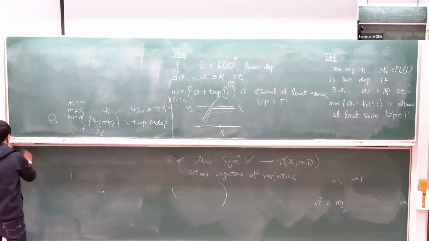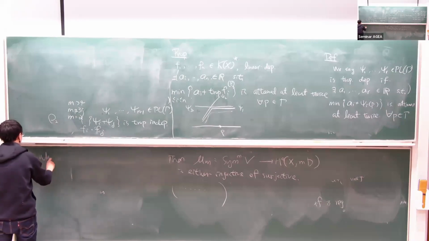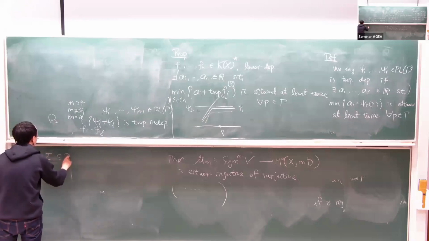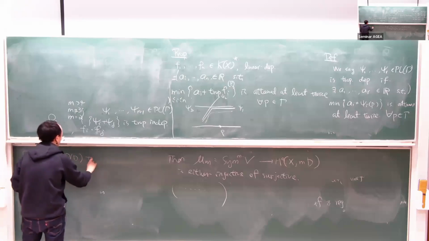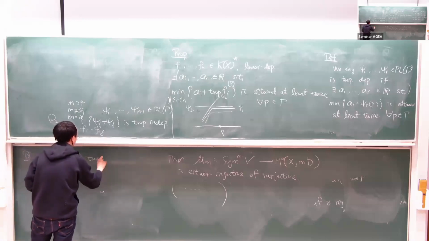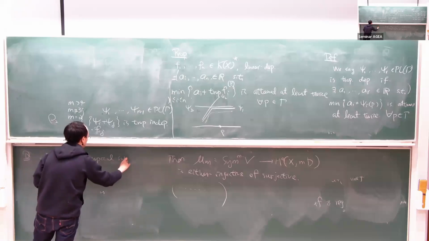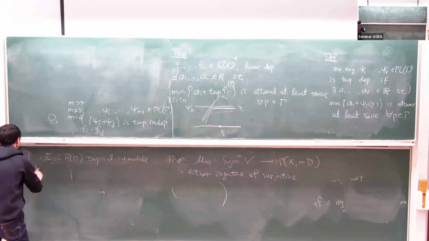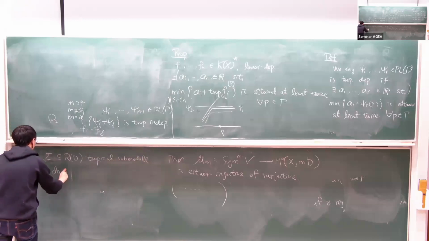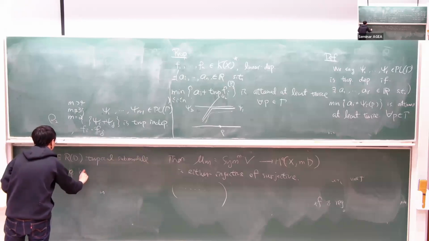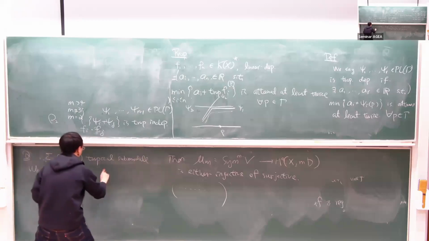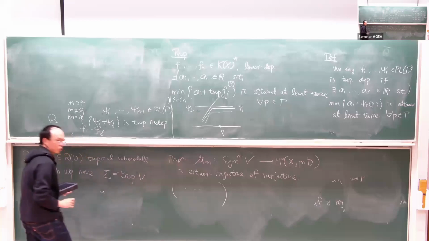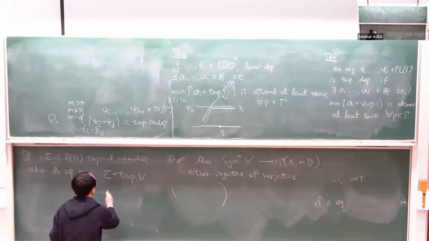So the question is, if we have a tropical submodule, when do we have that this sigma is actually the tropicalization of some linear series?